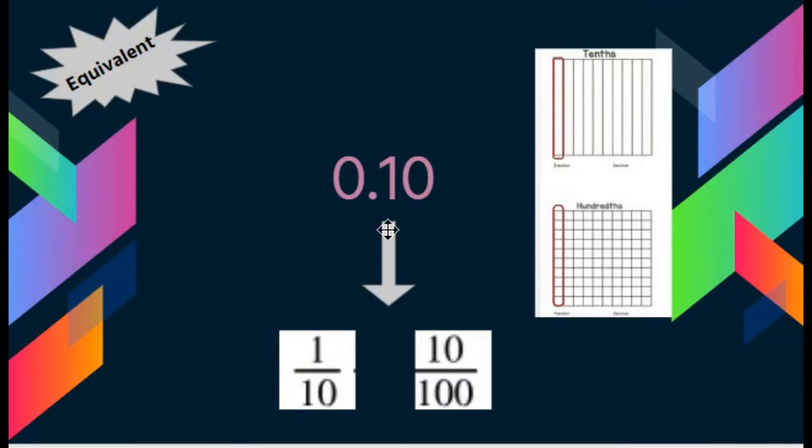If I were to look at this in fraction form, if I'm starting with just 1/10, you can see over here in my chart, we have 1/10, 1 part of 10 showing here. Now, if I were to convert that to hundredths, and remember when we're working with equivalent fractions, we just do the same to the top as we do to the bottom.